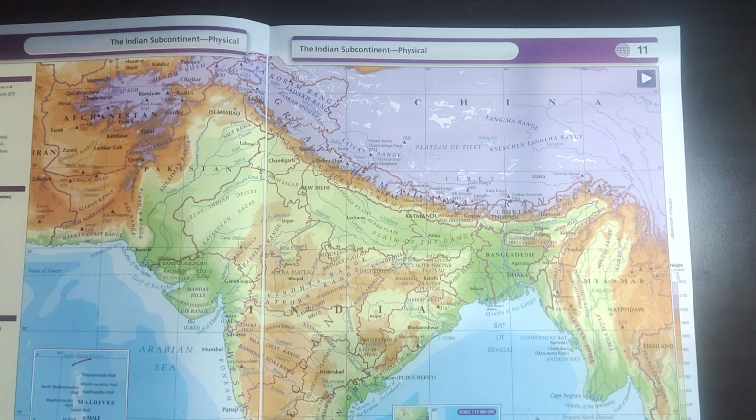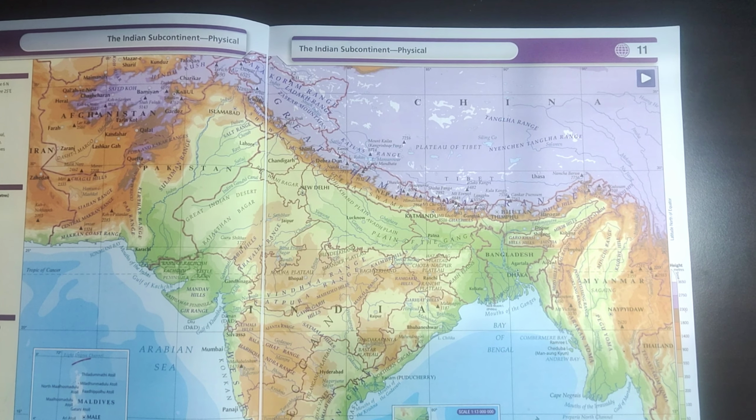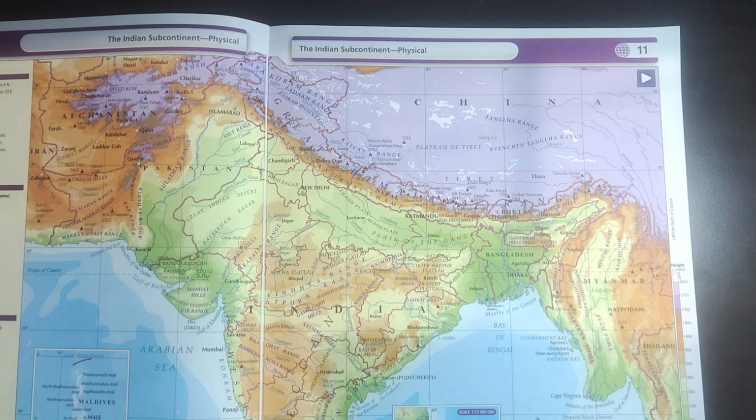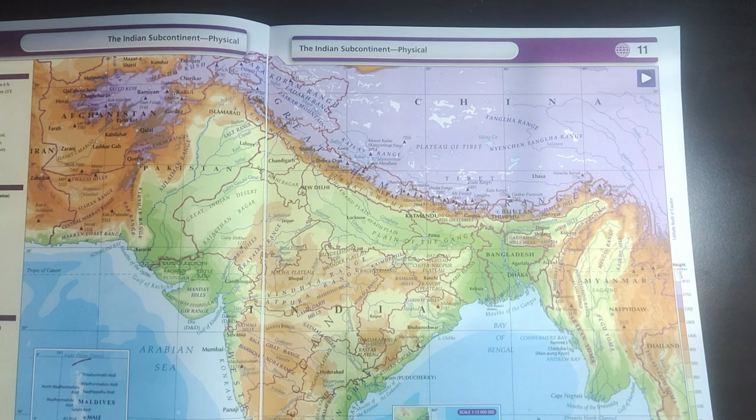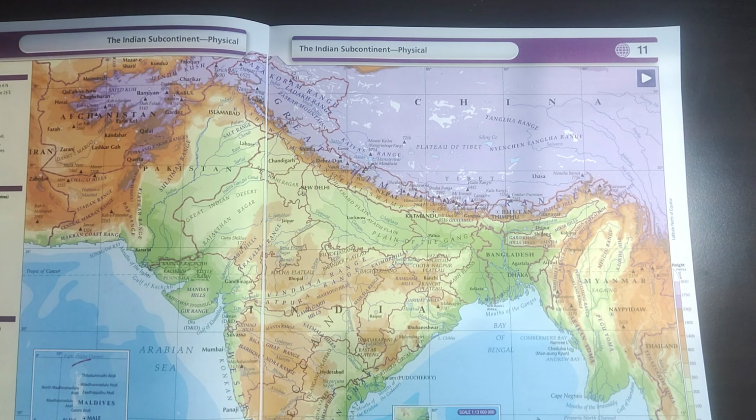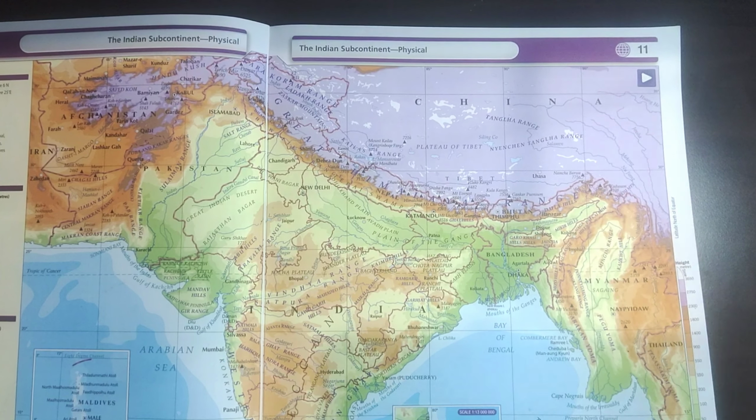And here they have given the facts and figures of the Indian landmass: the latitudes and longitudes, the area in square kilometers, the extent, the neighboring countries, the time zone, and those details have been given in a factual manner.